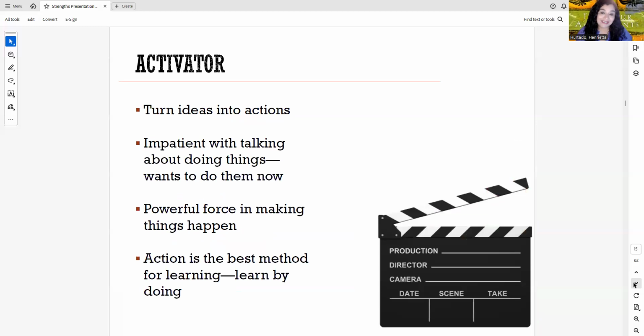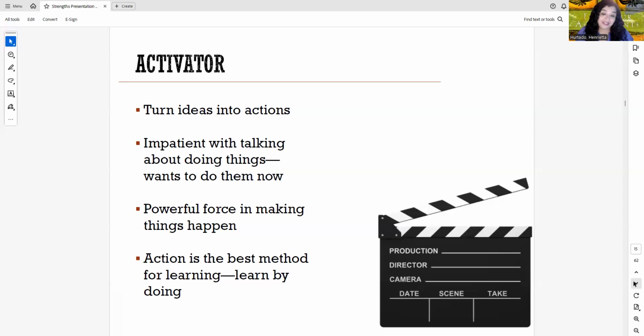Activators. If activator is one of your strengths, like that's been one of mine when I've taken this assessment, activators tend to turn ideas into actions. They can be impatient with talking about doing things, and want to do them now. So that is a challenge. Being a powerful force in making things happen is a positive thing.